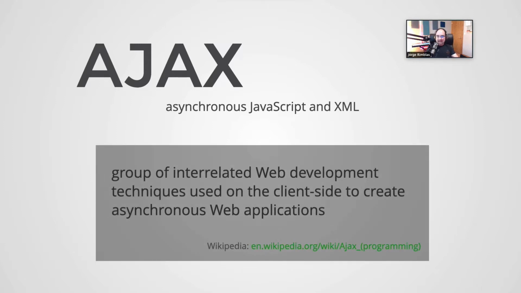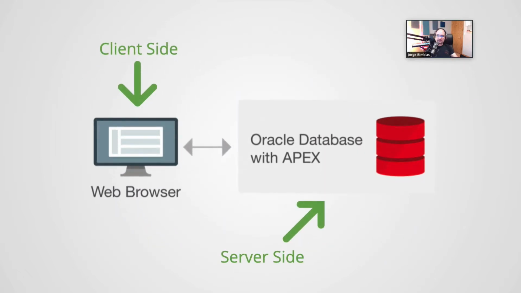So by definition, from Wikipedia, it's a group of web techniques used on the client side to create asynchronous web applications. So it's kind of hard to digest, right? I think we need to break it down.